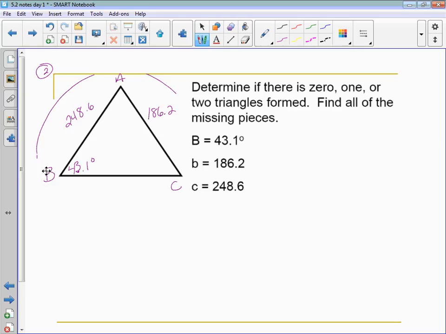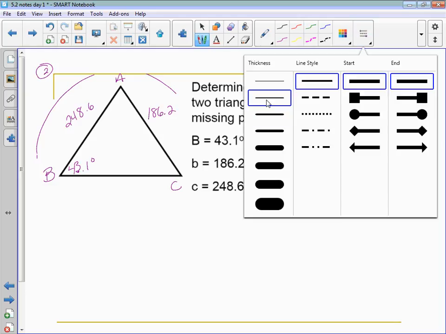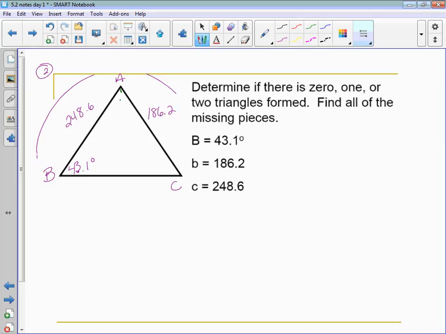There could be 0, 1, or 2 triangles. This is the hard one. We need to think about the height of our triangle. This is not a part of our triangle, like this isn't one of the sides, but do you guys understand how that is the height of that triangle? Any ideas how I might find that? Think back to SOHCAHTOA.